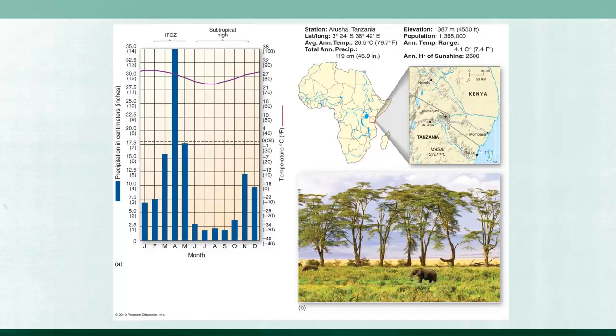The really important thing to note, though, is that they have a really big difference in precipitation between the summer months and the winter months. Now remember, we're in the southern hemisphere here, so the winter months are June, July, August, September, October, where this area gets less than 1 inch of precipitation in an average month.